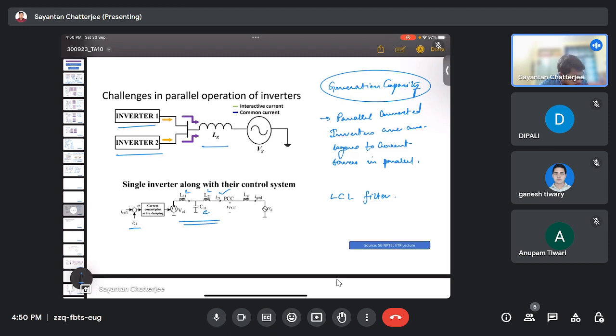So if we want to see the closed loop gain, we can see that this is G01 and I21.